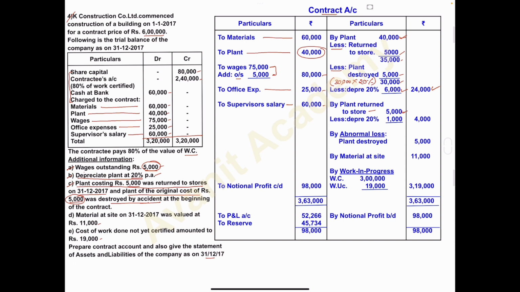On this plant also we have to calculate the depreciation. Less depreciation 20%. 5,000 into 20%. You will get 1,000. So from 5,000 minus 1,000, and the amount is 4,000.